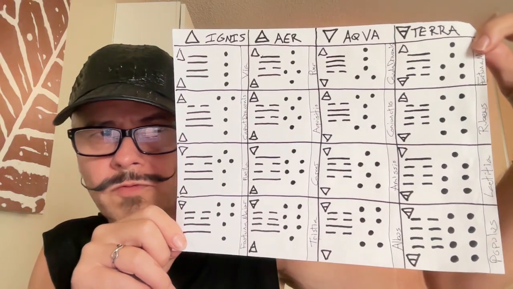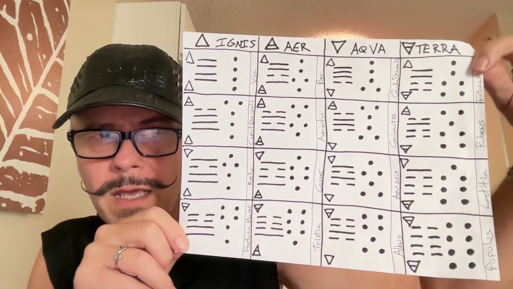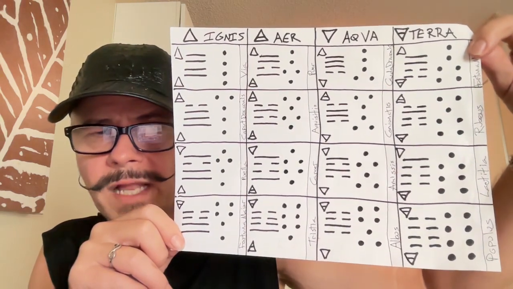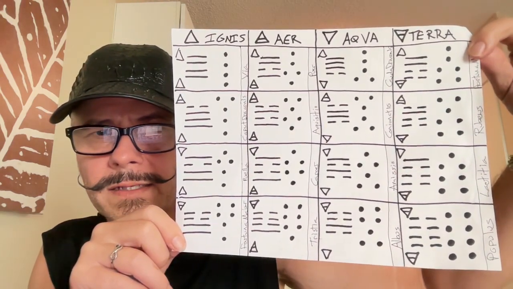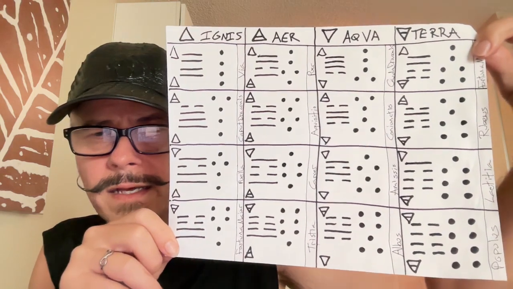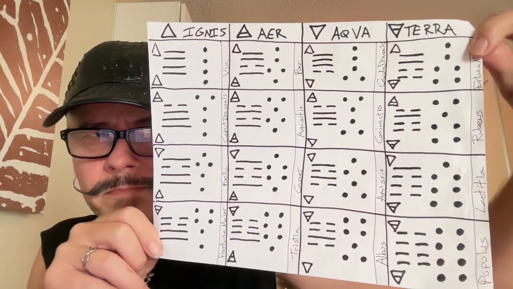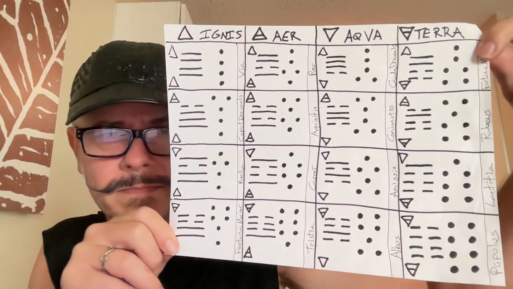and then how you write that if you were using a Yi Jing like graphic.